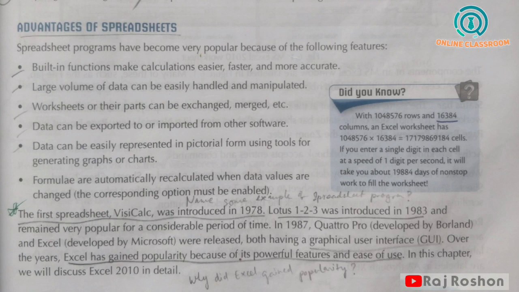Lotus 123 was introduced in 1983 and it remained popular for a considerable period of time. And Excel gained popularity because of its powerful features and ease of use. So why did Excel gain popularity? Because of this point. So you just read, underline this point in your books. Next point we will move.